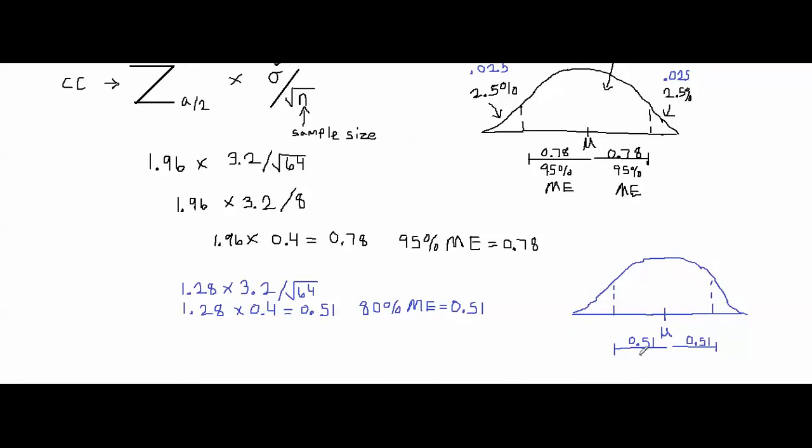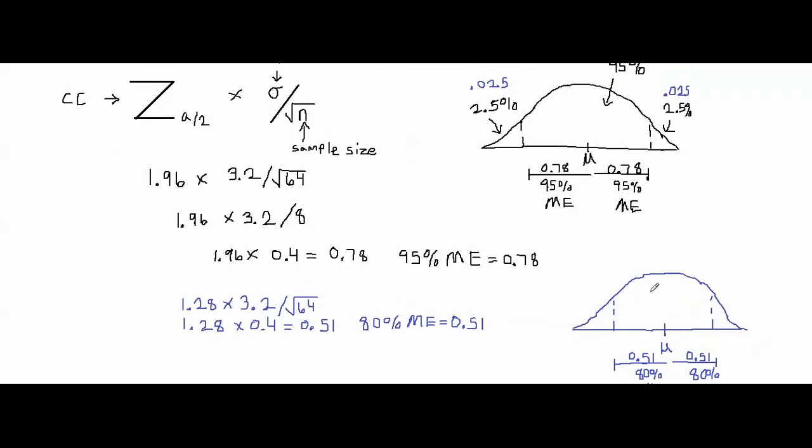And this time it's the 80% margin of error. Since it's the 80% margin of error, that means that 80% of the possible samples have a sample mean between these two boundary points.